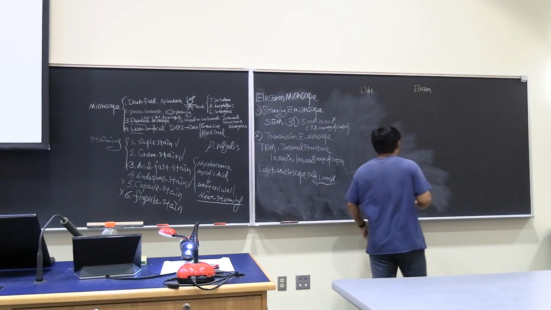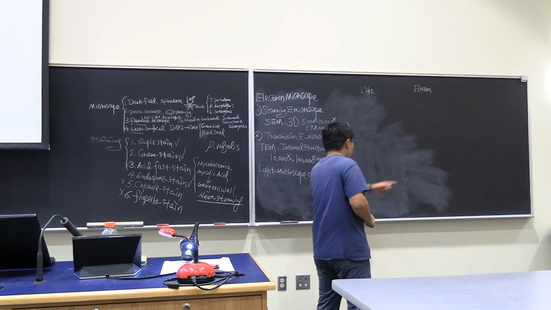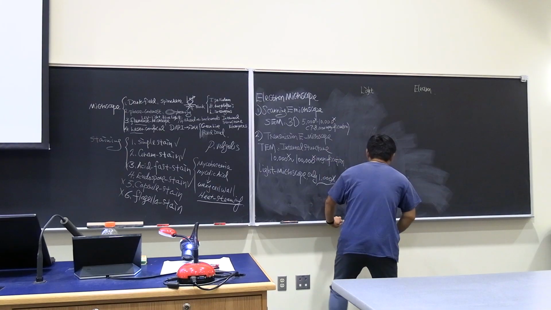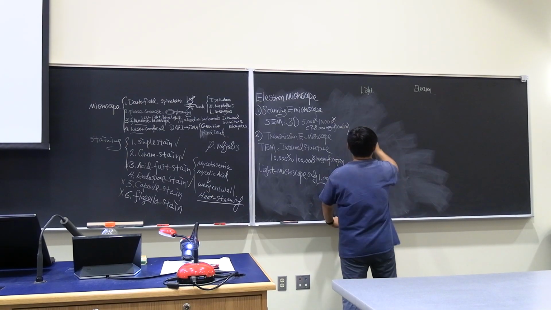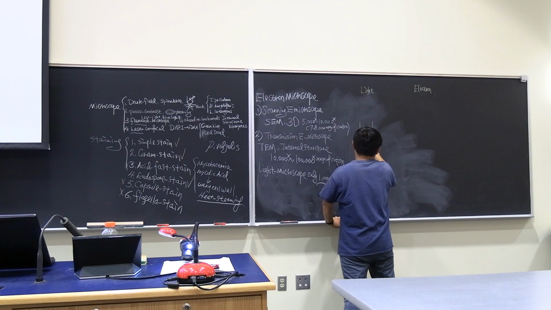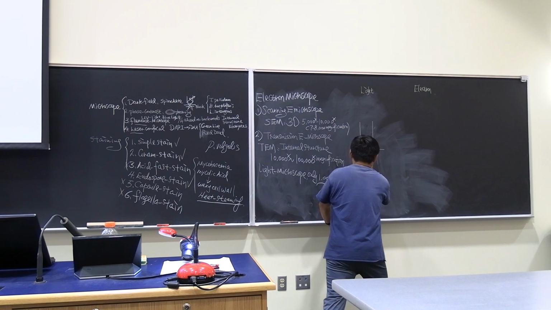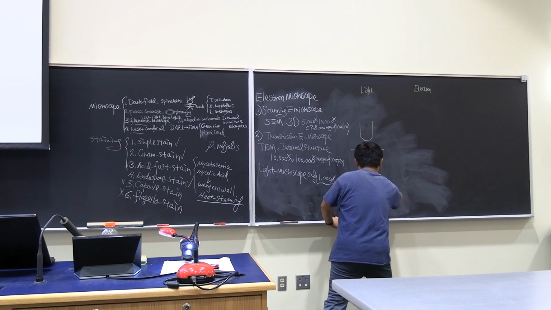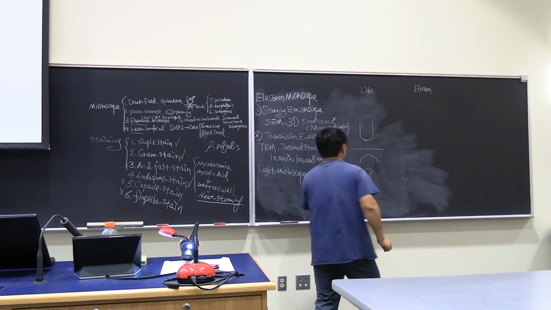So what's the difference? I'll draw from the bottom. Okay. Light field microscope. Let's say we have something like this. We talk about in the lab. Okay. You have a stage. Then you have a condenser, then you have a light like this.